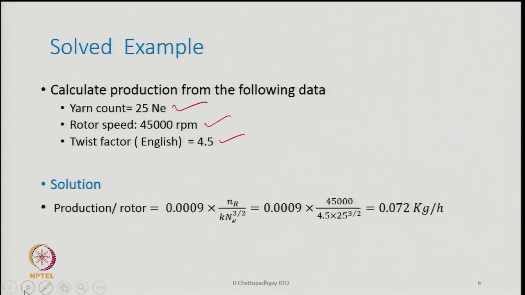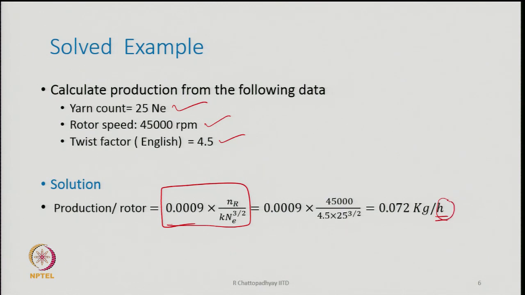The solution is that we use directly the formula that I have shown you earlier. Sometimes remembering the formula is difficult. So, if you do not remember the formula, how to solve it, that also we should know. Then you should go by the simple logic of how much yarn I am producing per unit time. Here the production is to be calculated per hour.